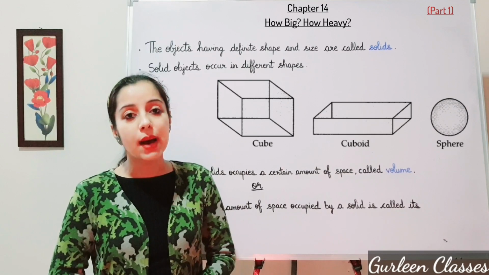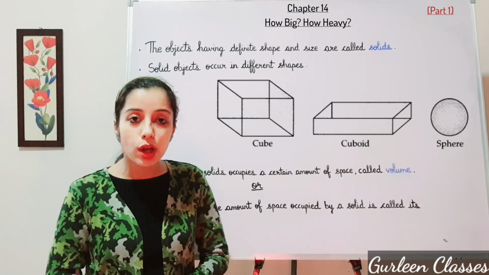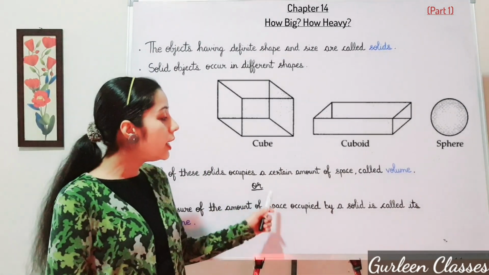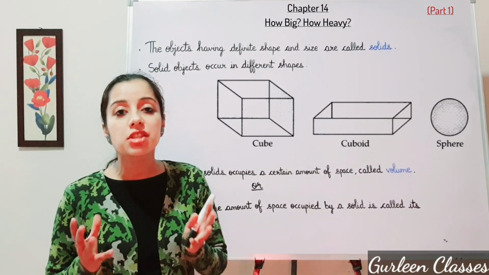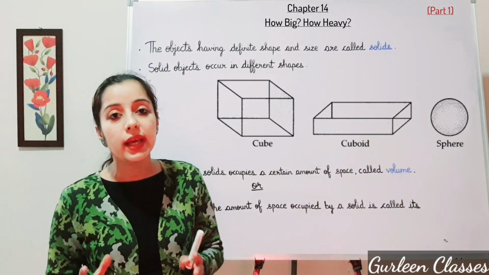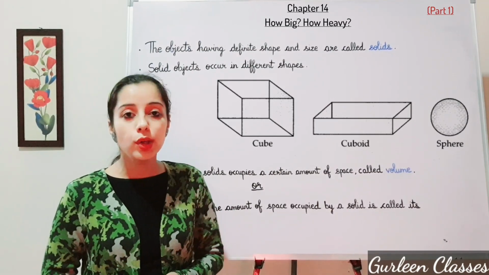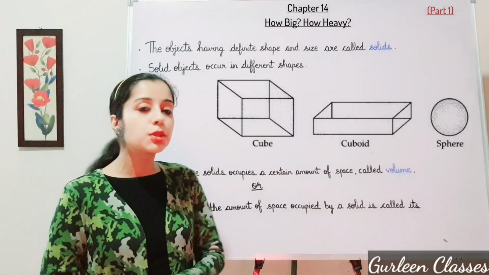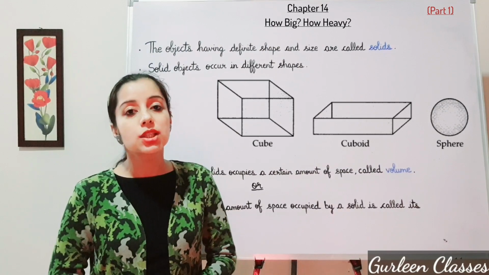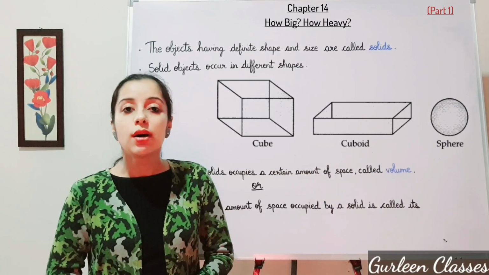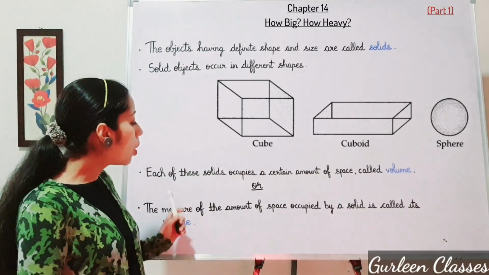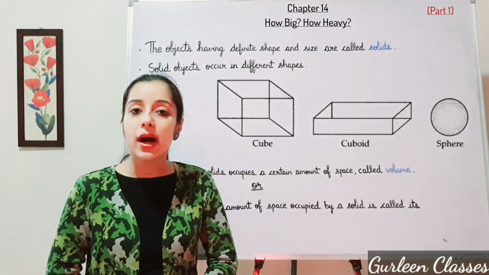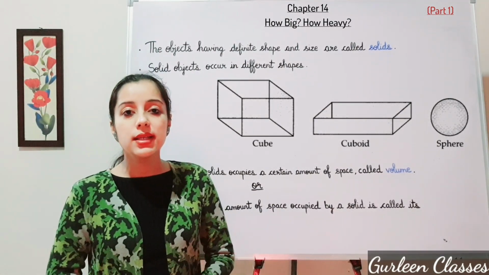So that is the example of volume. What is volume? Each of these solids occupies a certain amount of space, how much space it is taking, that is known as volume. Another definition: the measure of the amount of space occupied by a solid is called its volume.